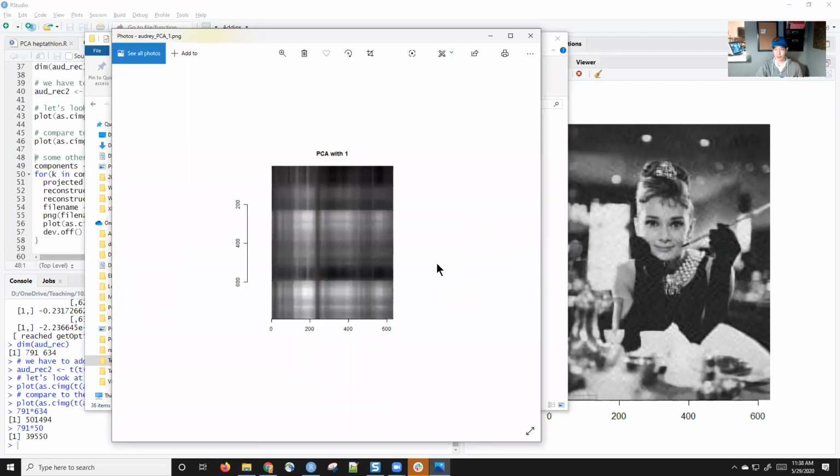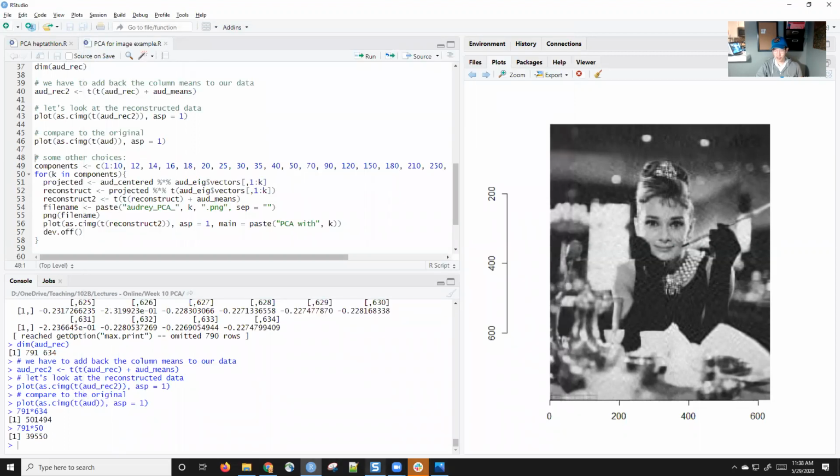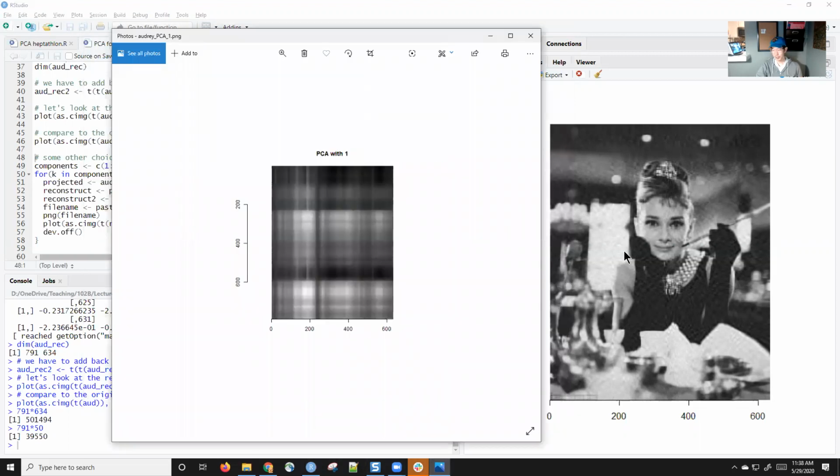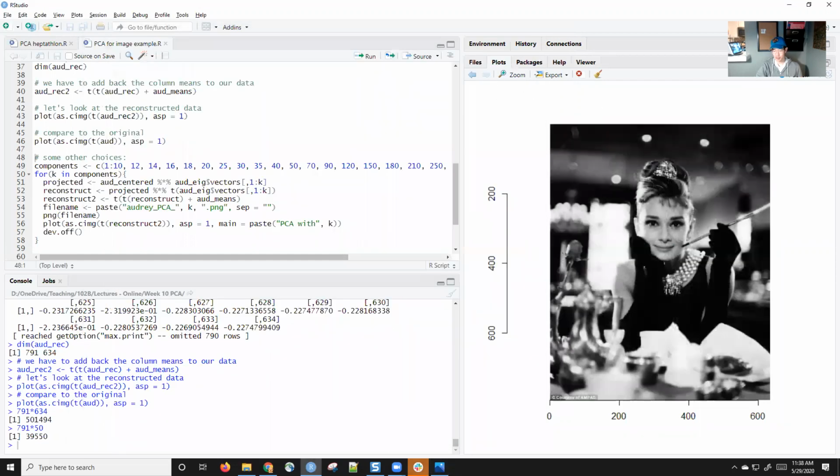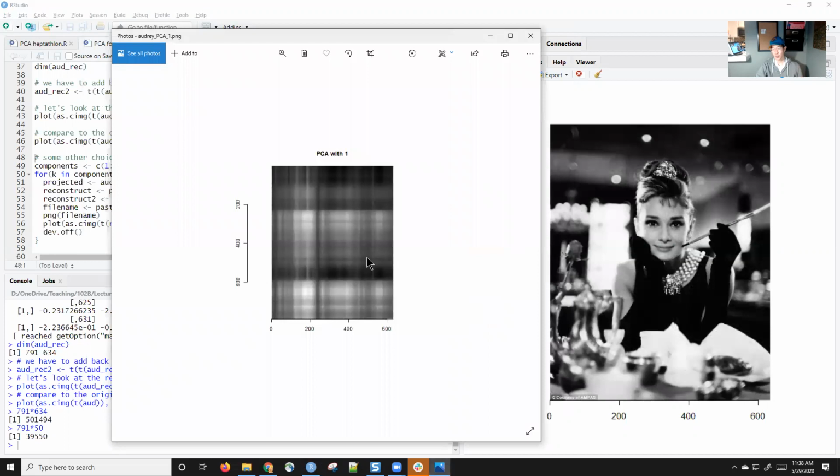Okay, so this is the original image, and this is what we get if we keep only one principal component.